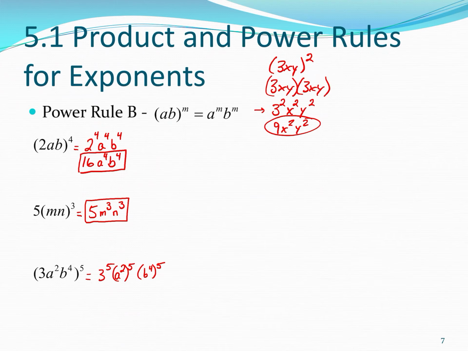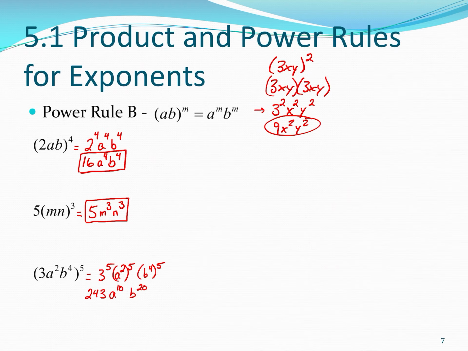Now, you'll notice that when we give that power of 5, the a squared and b to the fourth both get the power. And so it's that base of a raised to the second power raised to the fifth power. And so that is our power to a power rule A that we talked about just a minute ago. And so as we simplify this, 3 to the fifth, we've mentioned already in this class or in a video that it's 243.